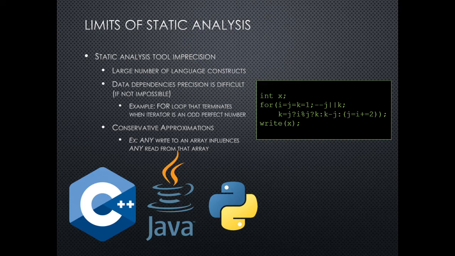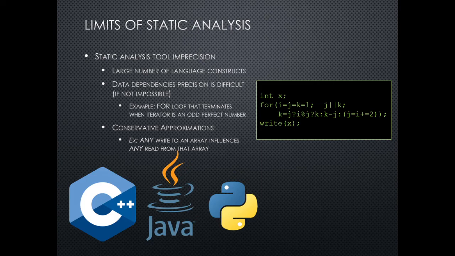And so in this situation, this for loop may or may not terminate and reach the write x code. However, with something like this, these tools have to basically make a conservative approximation and decide at what point do I cut this off and just say write x is unreachable.